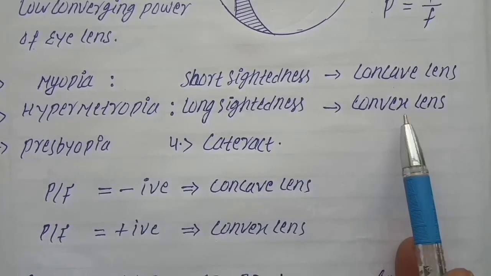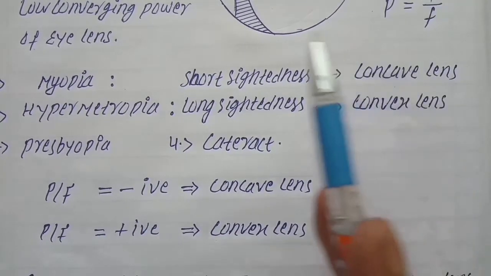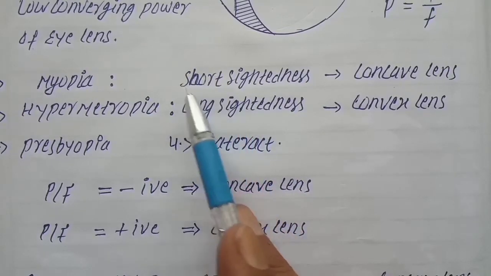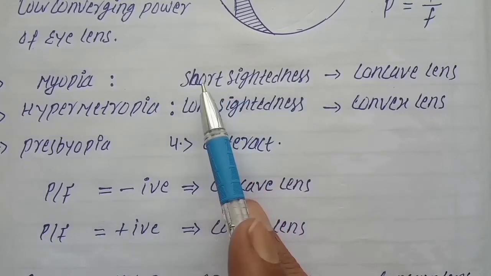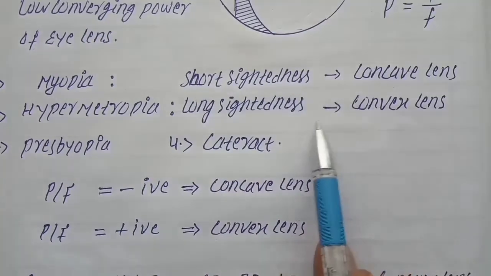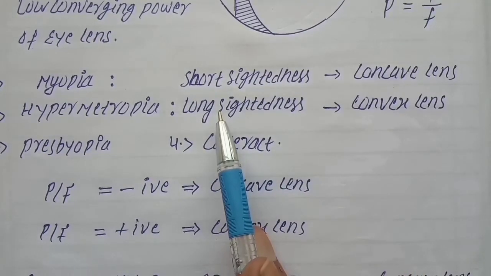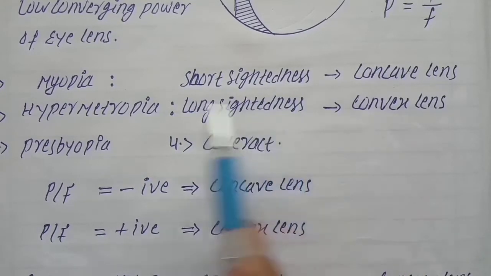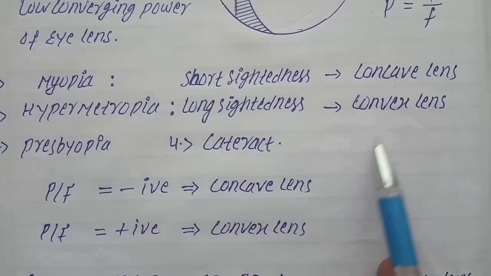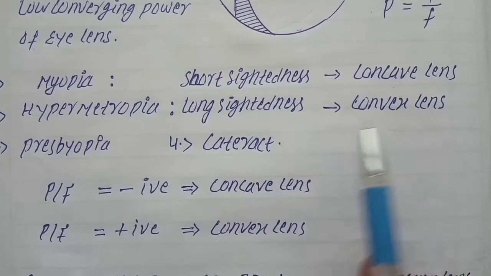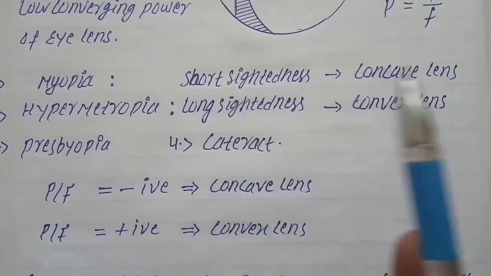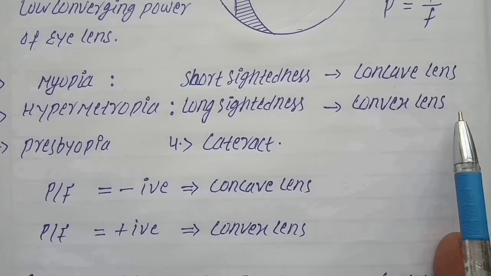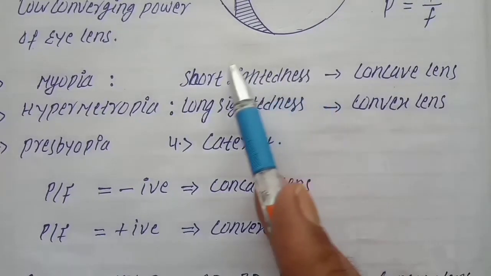by convex lens. But if a person cannot see short distance or nearby objects, then he can see long distance objects. In this case, means long-sightedness, hypermetropia, can be corrected by convex lens. And if a person cannot see long distance objects, then he can see short distance objects.